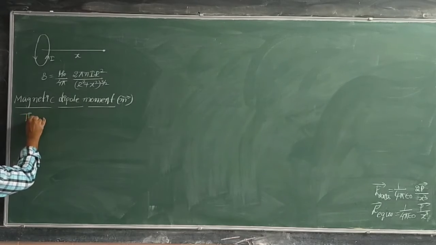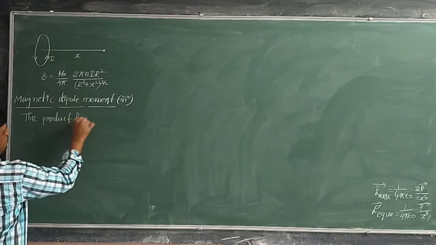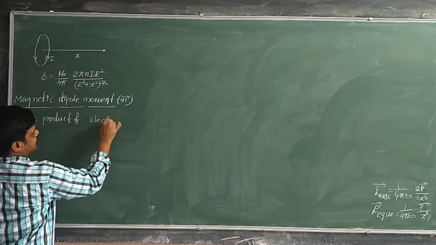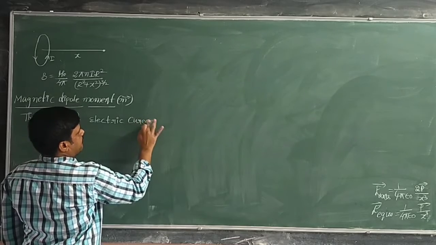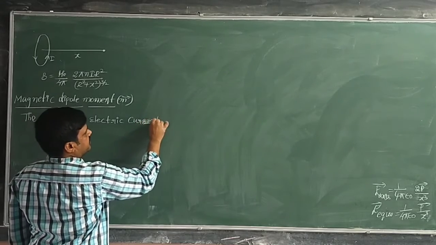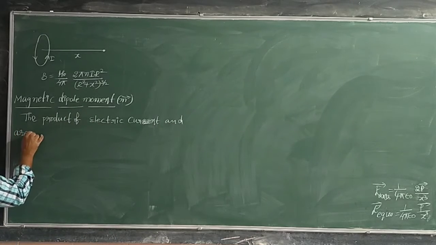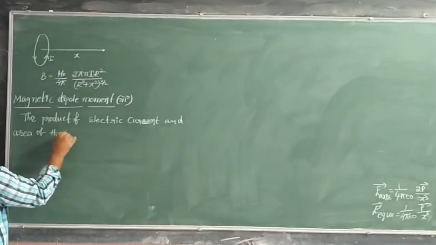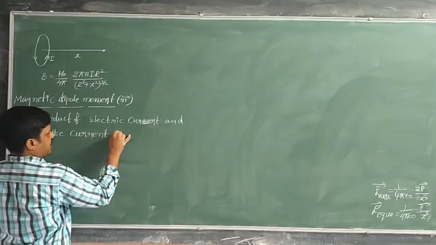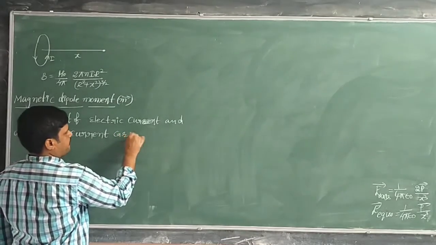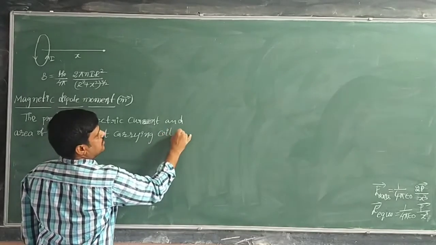The product of electric current and area of the current carrying coil is called the magnetic dipole moment.